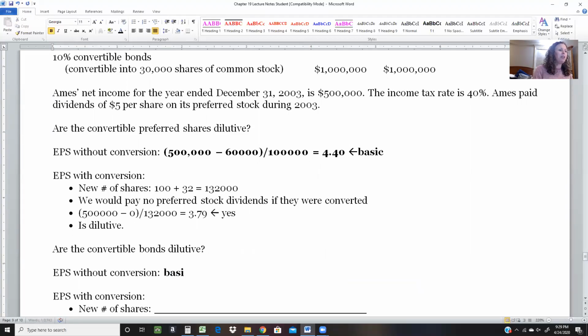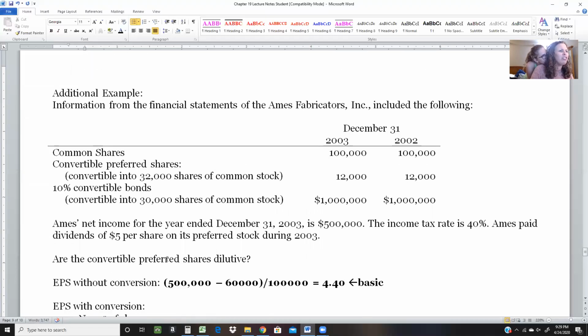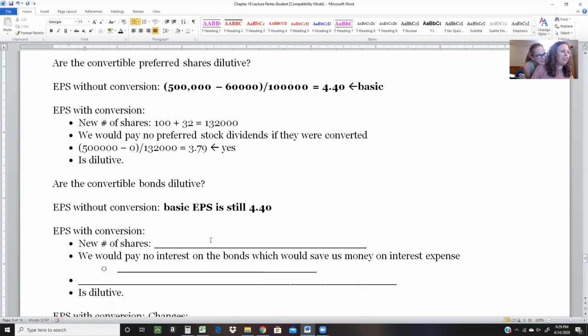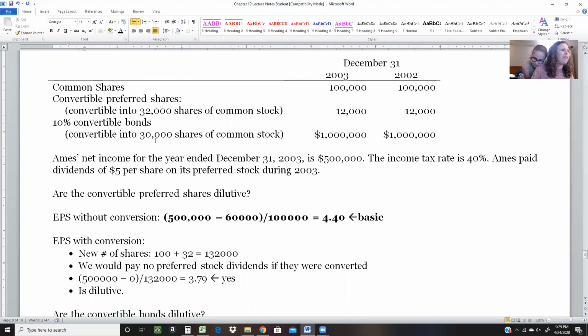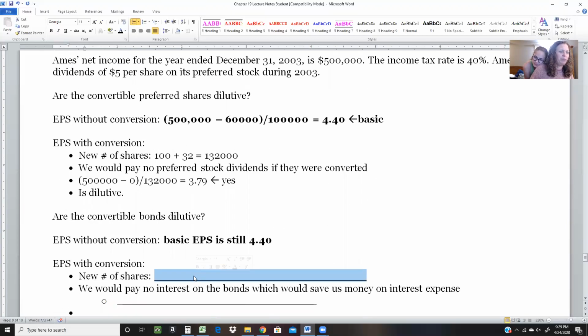So now let's check to see if the convertible bonds are dilutive. Basic earnings per share is still 4.40. And then our new number of shares, if our bonds convert, then we'll have an additional 30,000 shares. So we'll go up to 130,000. And then we would not have to pay interest.